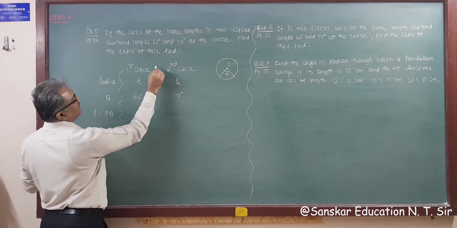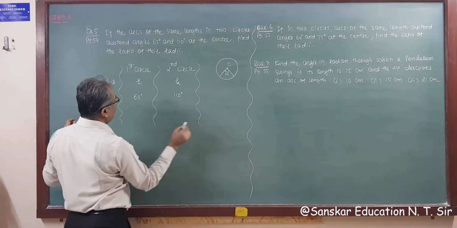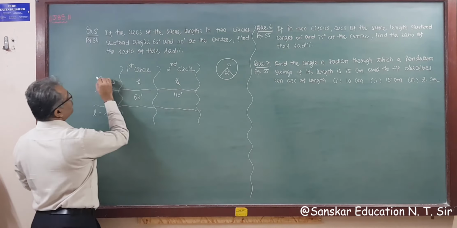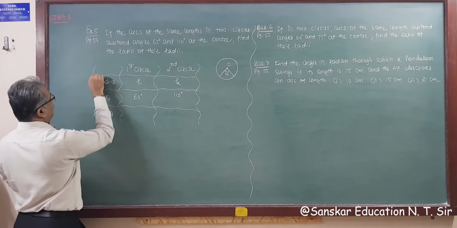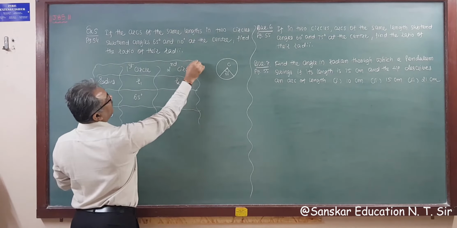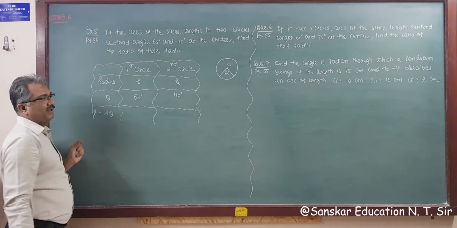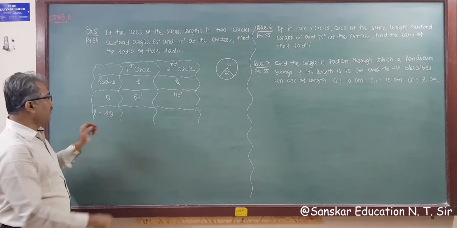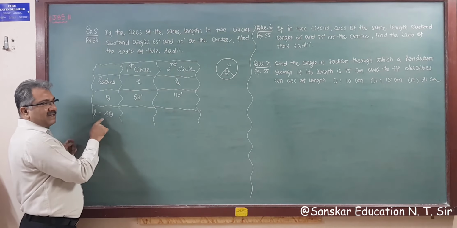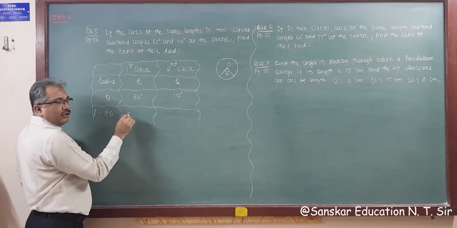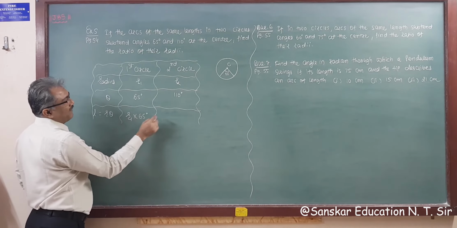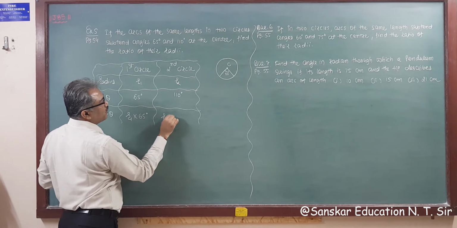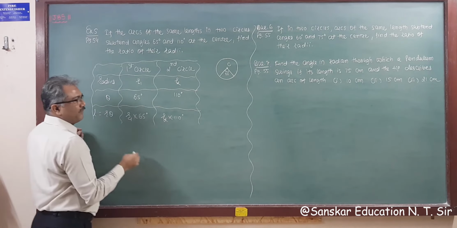So we are solving this question in tabular form, right? So these things are given. You will understand well if I prepare a proper table, right? So L is equal to R theta means R1 into 65 degree, and from here L is equal to R theta, that is for this R2 into 110 degree, right?